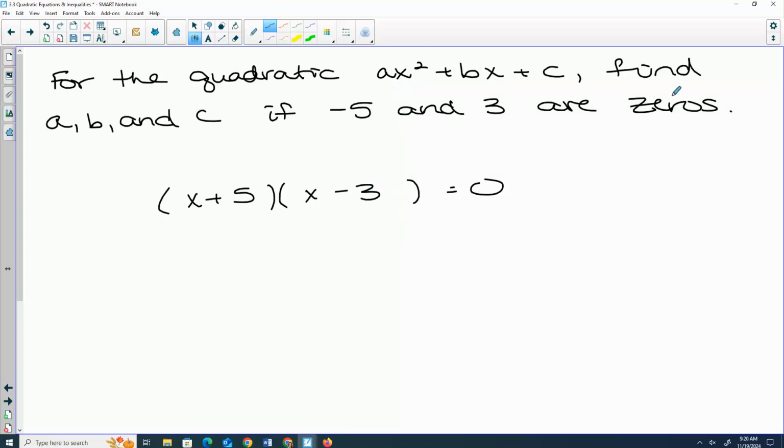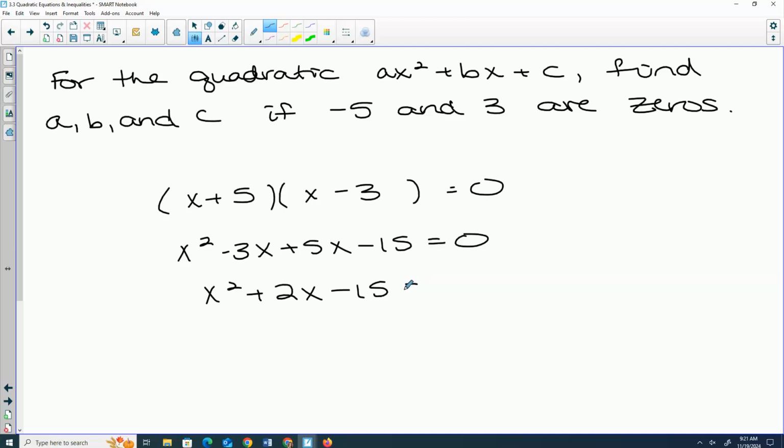I'm trying to find a, b, and c in the original quadratic, so now we just need to multiply this out. So if we FOIL, we get x squared minus 3x plus 5x minus 15, or x squared plus 2x minus 15.